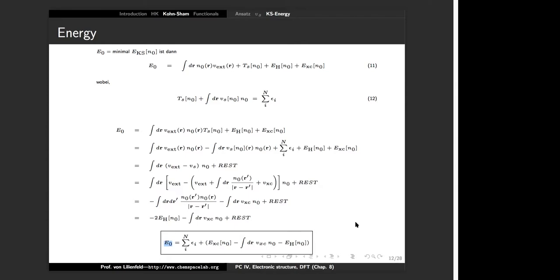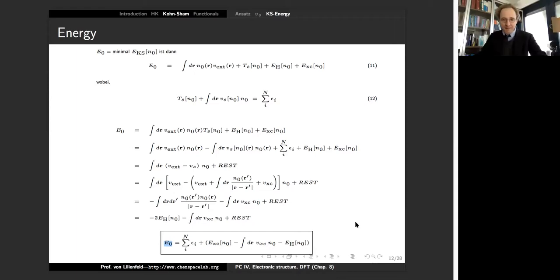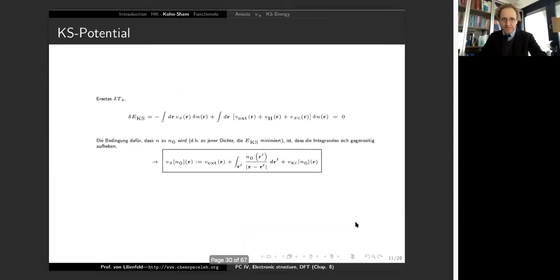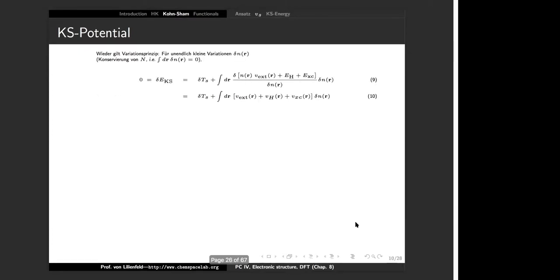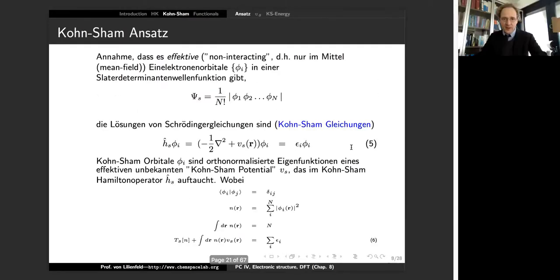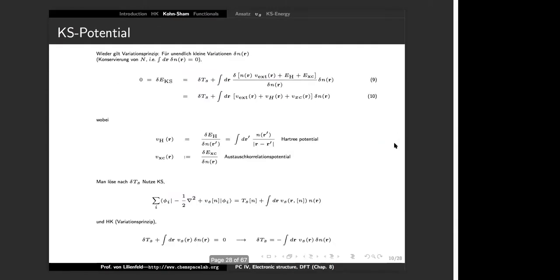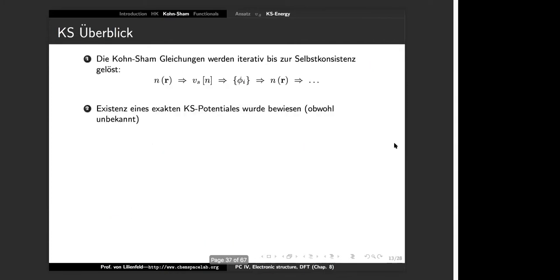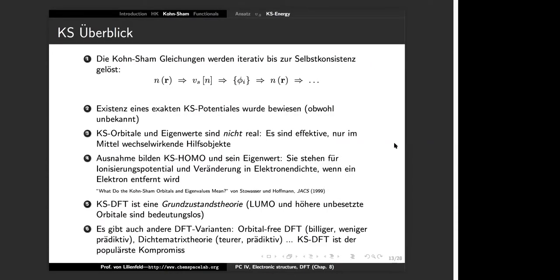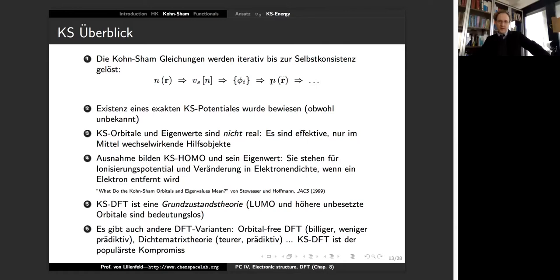Could you just go back to the last slide, I think, before that you showed? This one? No, it was the very last slide that you had before the break. Here, yeah. So you would regain the n of r, but in which formula would you regain that n? In this top procedure here? Oh, so you have this electron density, some initial guess.